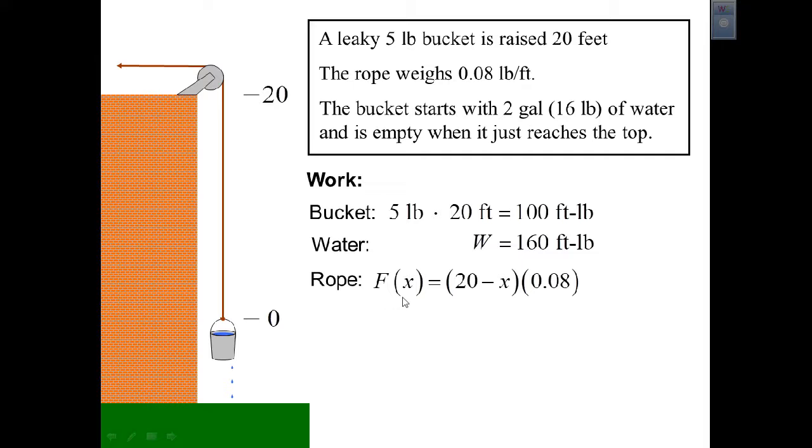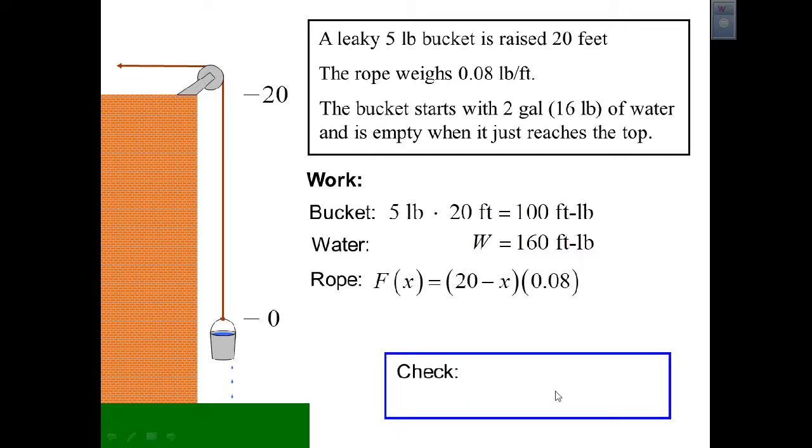So our force is the length times the weight per foot. So 20 minus x, if x is 5, it's gone 5 feet up, therefore we have 15 feet of rope left. And 15 times the 0.08 will be how much weight we have to overcome to keep that bucket moving up, just on the rope. So that is going to be our varying force.